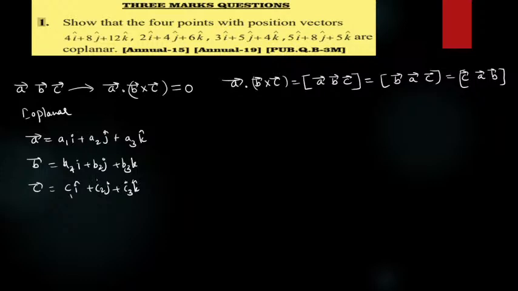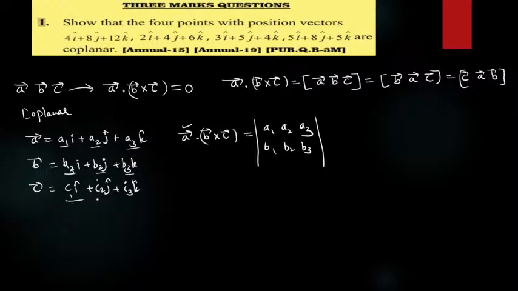If it is like this, then the scalar triple product of these 3 vectors a dot b cross c can also be written in a determinant format. You just write the components of vector a: a1, a2, a3, and the second vector components b1, b2, b3, and the third vector c1, c2, c3.